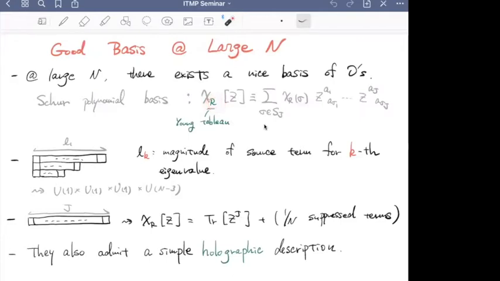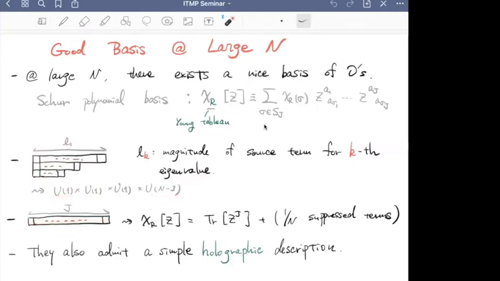Which is as follows. If you consider a Young tableau which consists of three rows, then the length of each row corresponds to the magnitude of the source term for the k-th eigenvalue, which means that this Young tableau corresponds to the symmetry breaking pattern U1 times U1 times U1 times U(N-3). Similarly, the simplest case is a single row, and that corresponds to U1 times U(N-1).